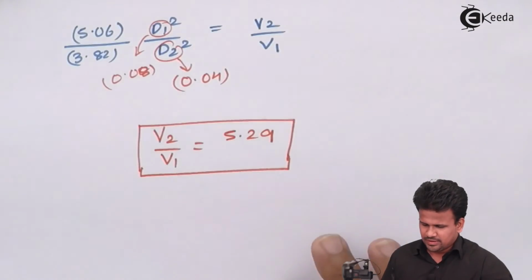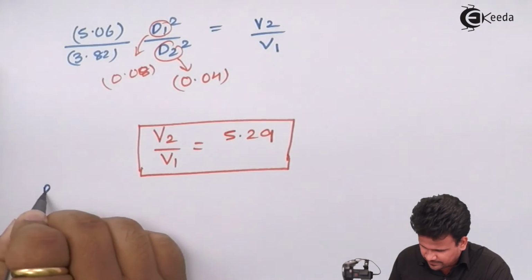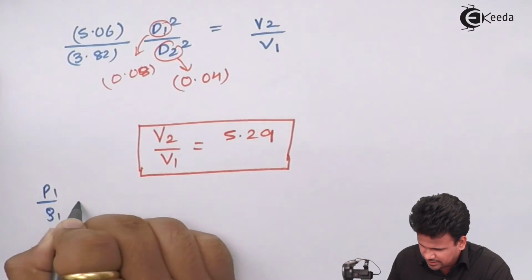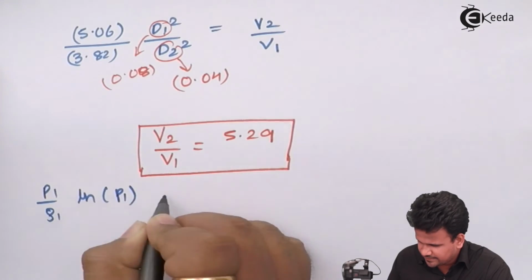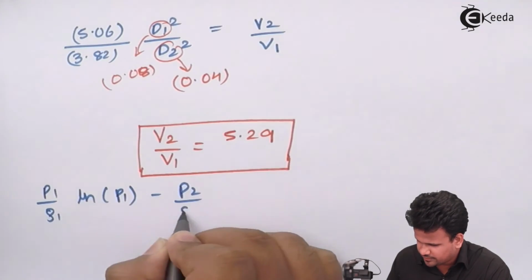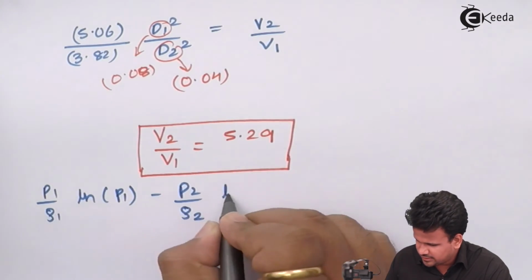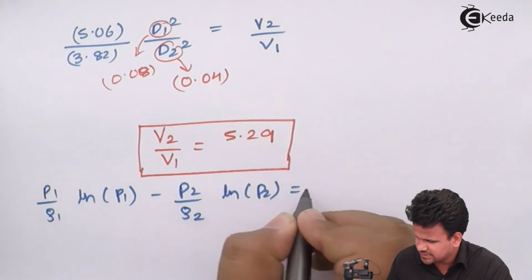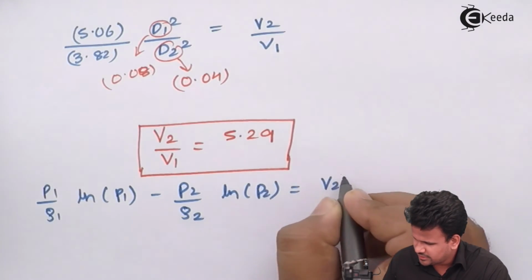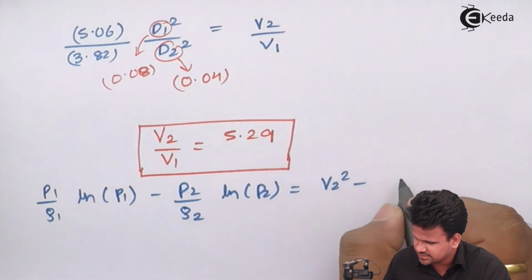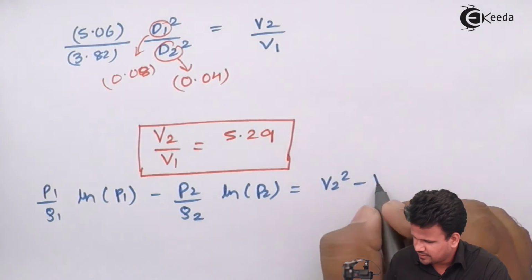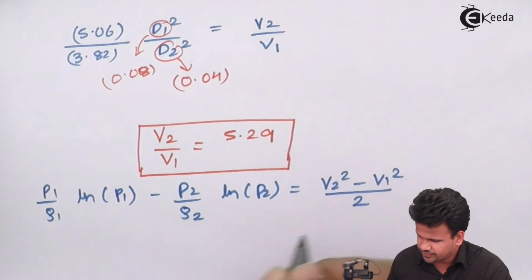So we have P1 upon ρ1 ln of P1 minus P2 upon ρ2 into ln of P2 is equal to (v2 square minus v1 square) by 2.